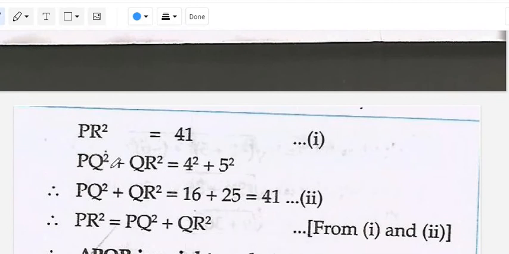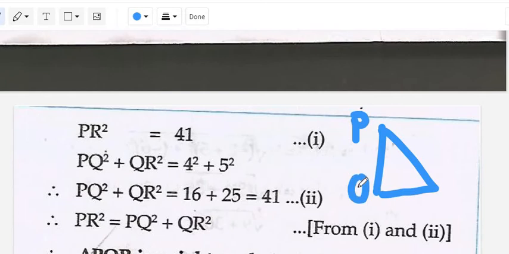Now see here PQ square plus QR square. In this right angle triangle, this is P, Q and R. PQ square plus QR square: PQ is 4, QR is 5, 4 square plus 5 square, that is 16 plus 25, that is 41, and this 41 is equal to PR square.